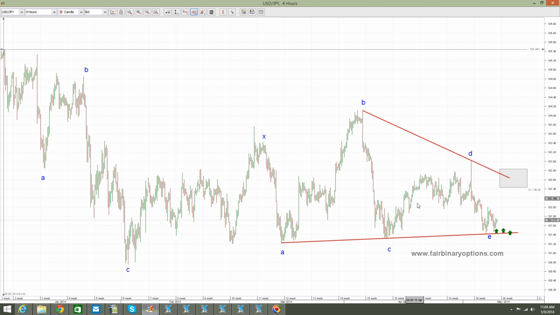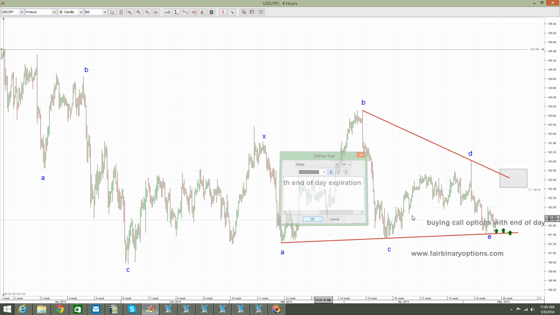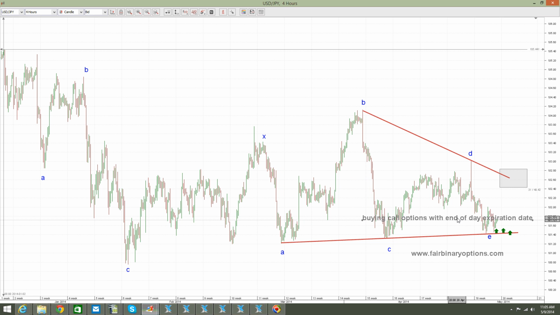So let's write on the screen that I am buying call options with end of day expiration date for the euro, for the US dollar and the Japanese yen, with the presumption that this triangle is the end of a double combination.